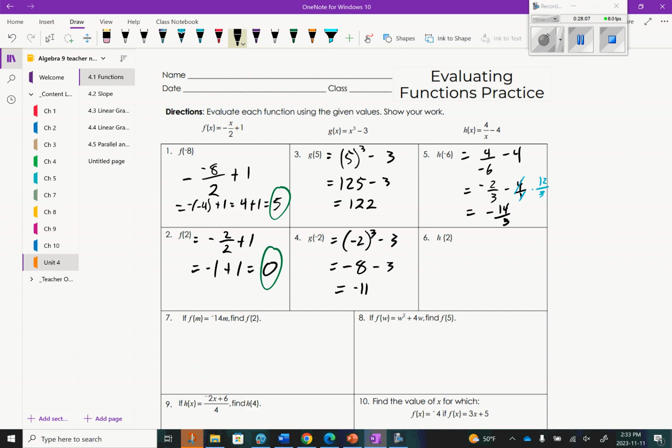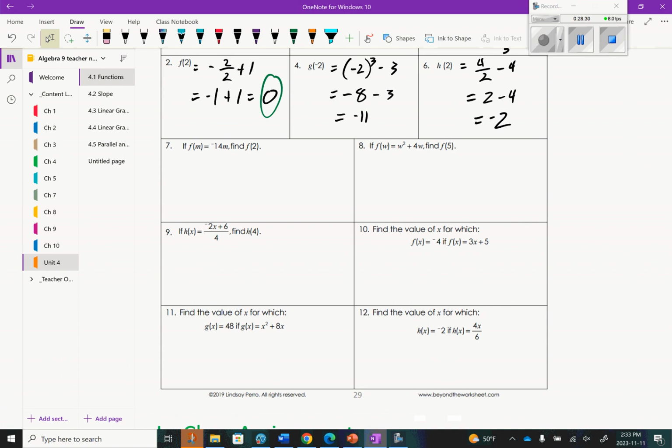For example 6 here, h of 2 means we're going to take 4 divided by 2 and subtract 4. Well, this is much easier. 4 divided by 2 is 2. 2 minus 4 is negative 2. And then they might just switch things up on you.